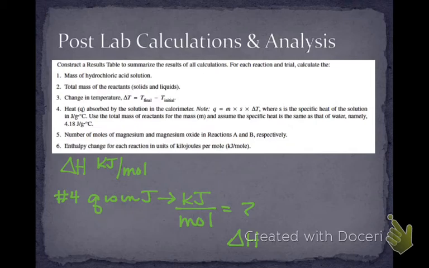That would be the enthalpy change that you would calculate for number 6. If you have questions on that, just send me an email again or ask in the forum. I'll be happy to help with that. But again, you're just basically doing a quick conversion of number 4 from joules to kilojoules and then dividing by the number of moles you calculated in number 5. You're doing that for each trial and then plugging that into your data table.